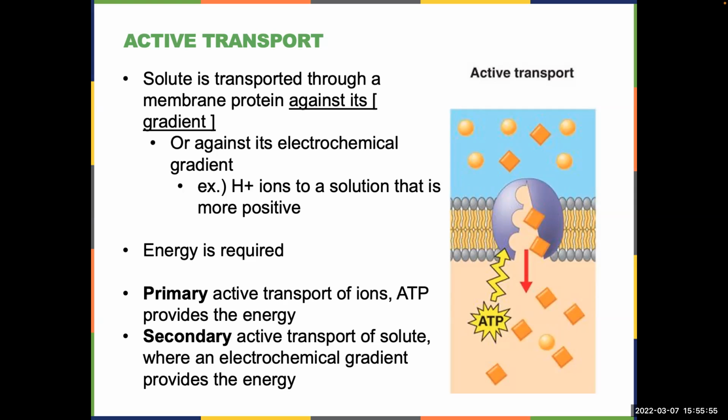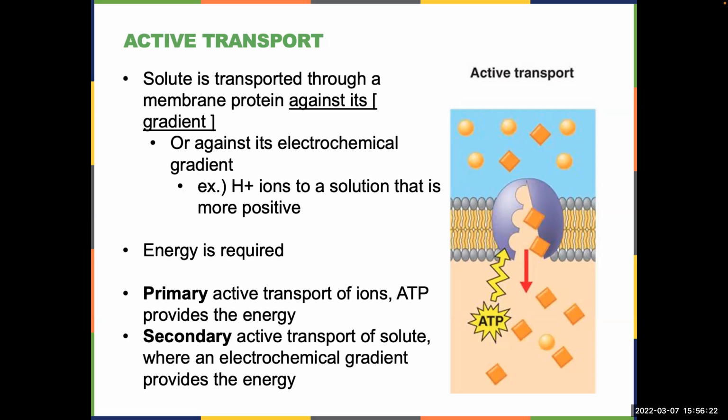We'll take another look at electrochemical gradients on the next slide, but you're taking into account both the charge and the specific substance. And either one can be enough to slow down or prevent that movement and then cause you to have to do an active transport.